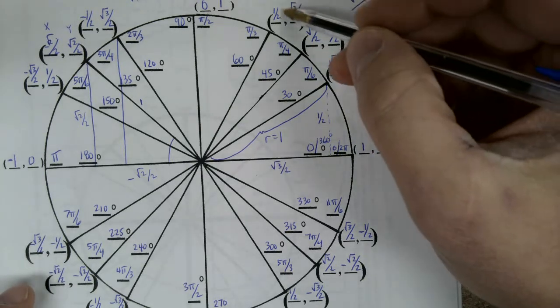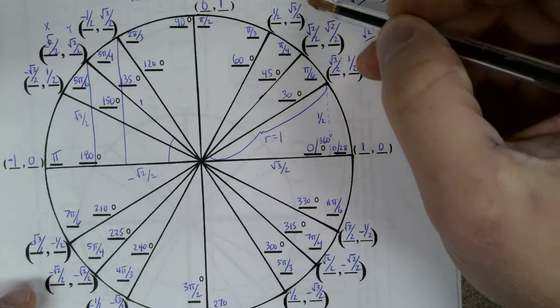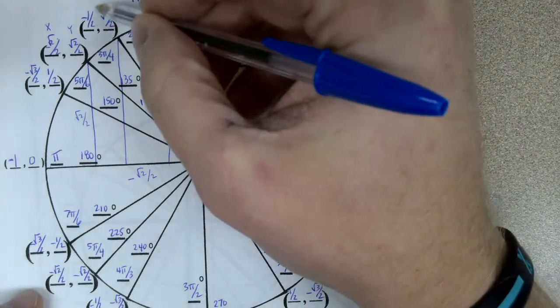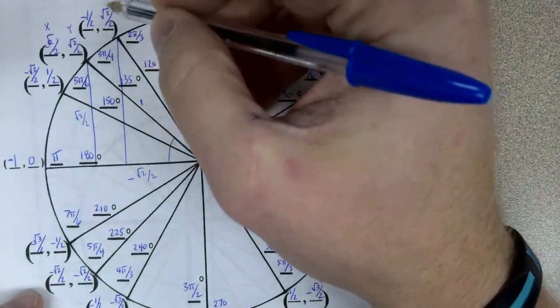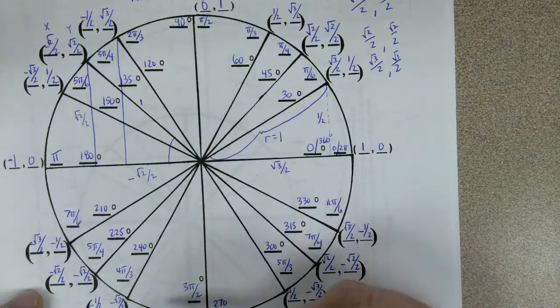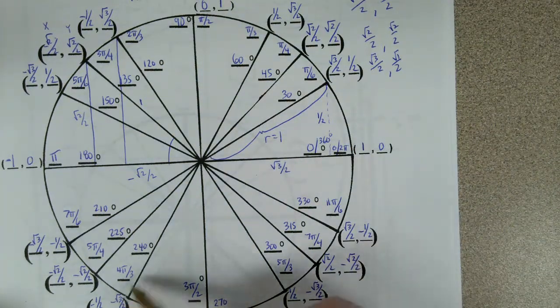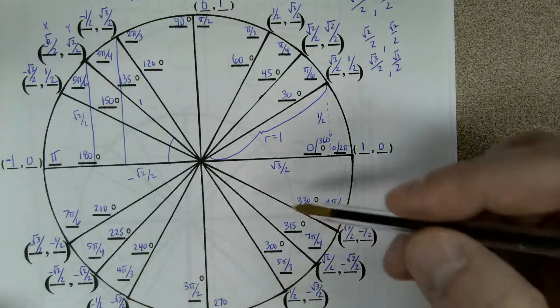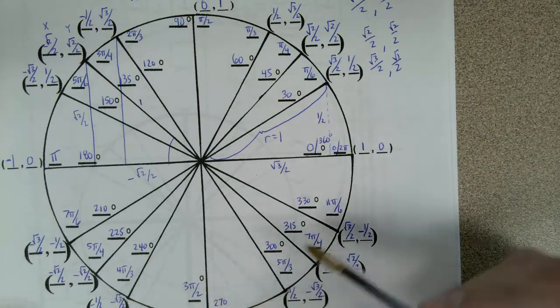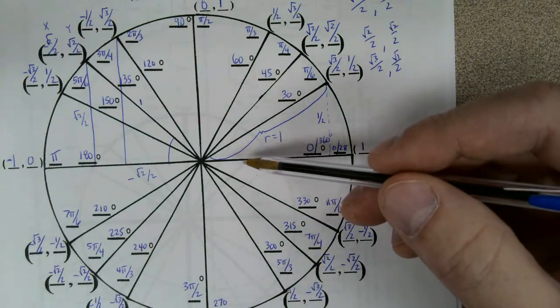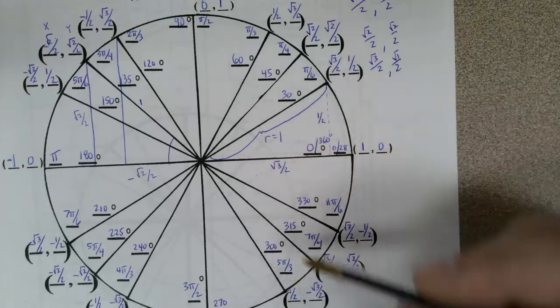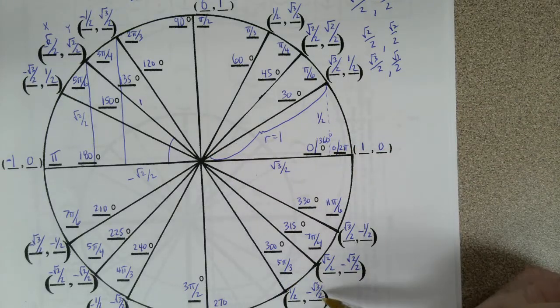We know it's radical 3 over 2 here at 60. We know it's radical 3 over 2 at 120. We know it's radical 3 over 2 at 240, but actually it's negative here.